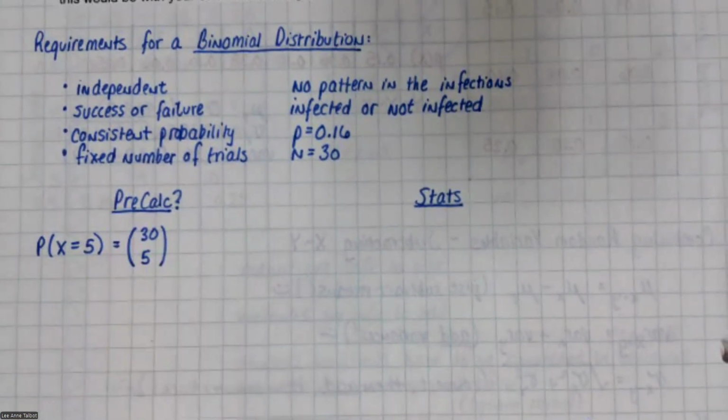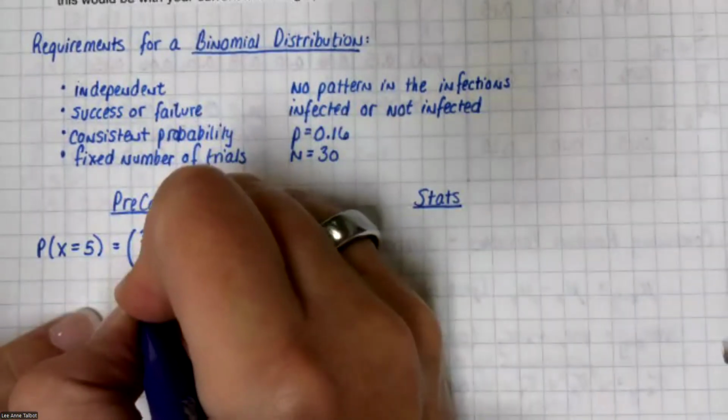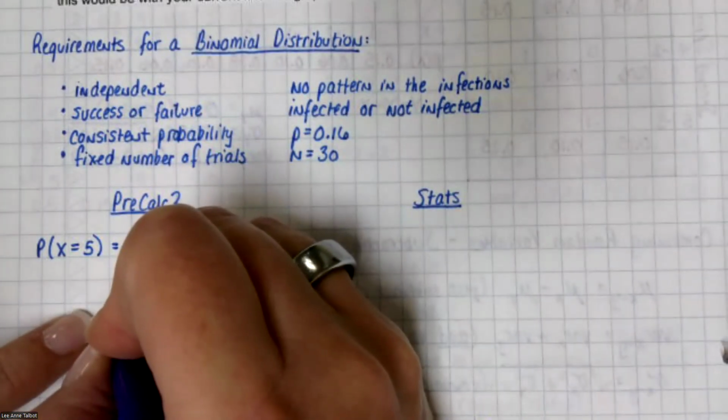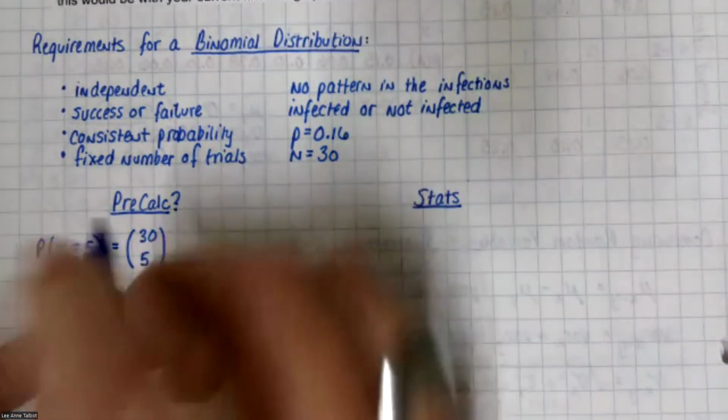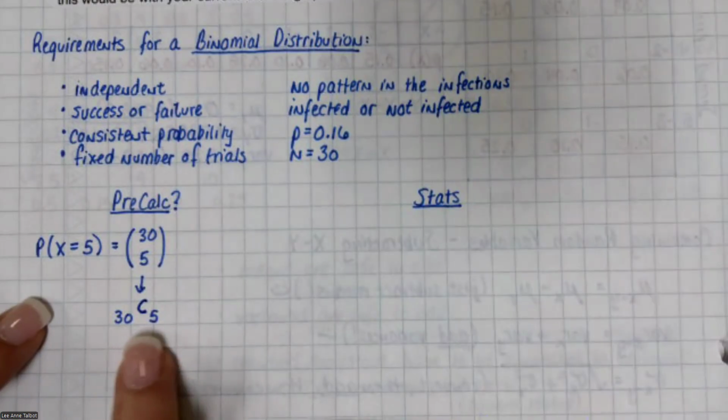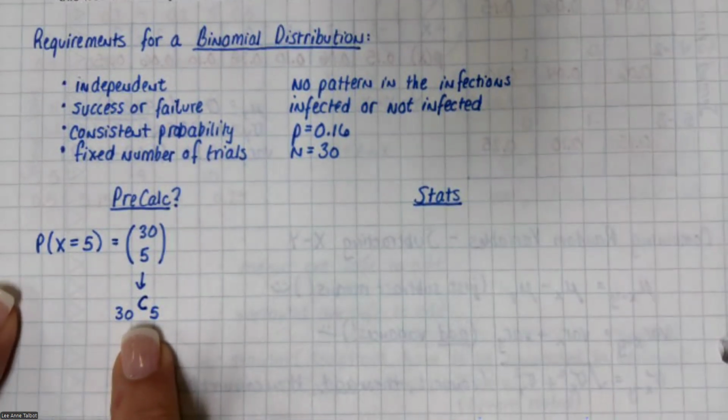And this was one of them that I told you to hold on to in your brain for stats. But really, this means 30 combination 5.